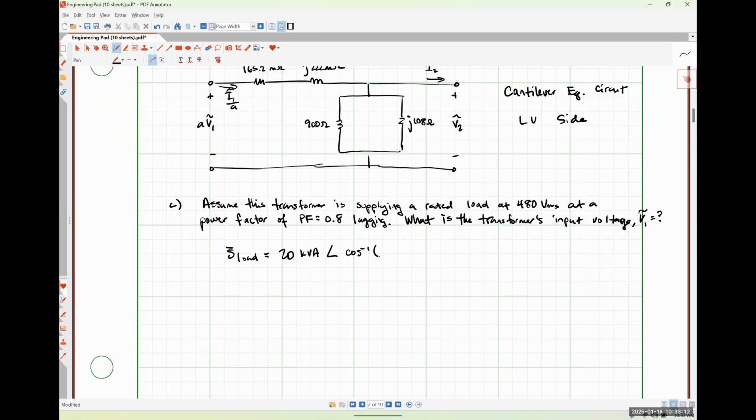Because our power factor is lagging, we should expect that angle to be positive, so we put a positive sign in front to force that. So when I throw this into my calculator, I'm going to get 20 angle inverse cosine of 0.8.